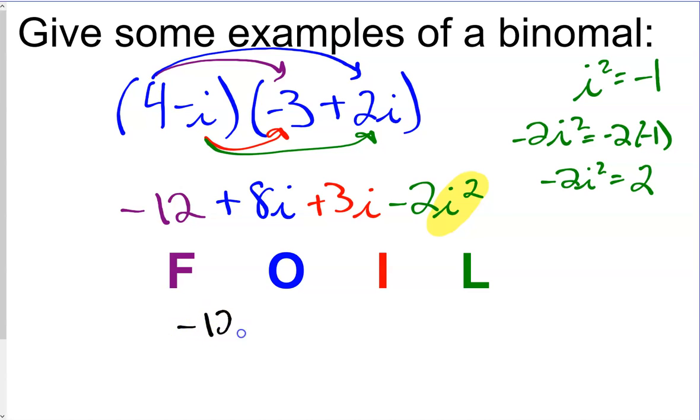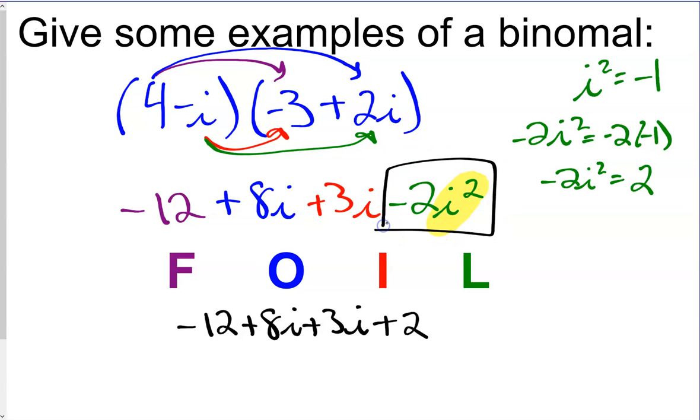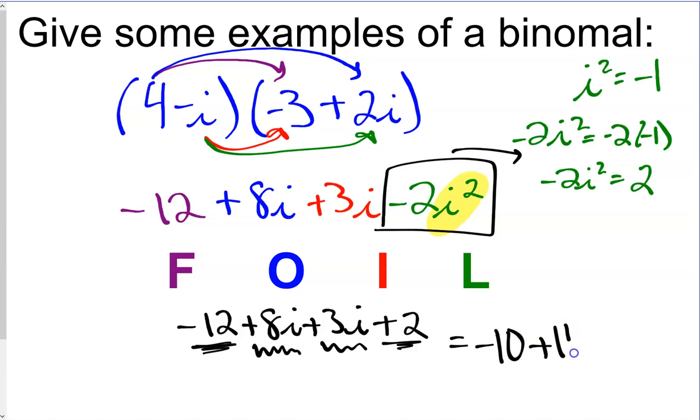So I'm going to rewrite this as negative 12 plus 8i plus 3i plus 2, because all of this simplified. Negative 2 times i squared is negative 2 times negative 1, which is positive 2. Now we're going to combine like terms. My real numbers are negative 12 plus 2, which is going to be negative 10. Our imaginaries are 8i plus 3i, which is going to be 11i. And that is our answer.